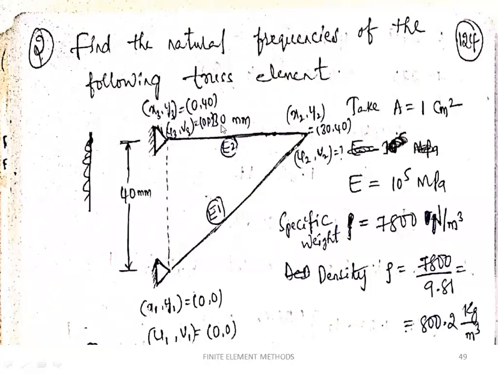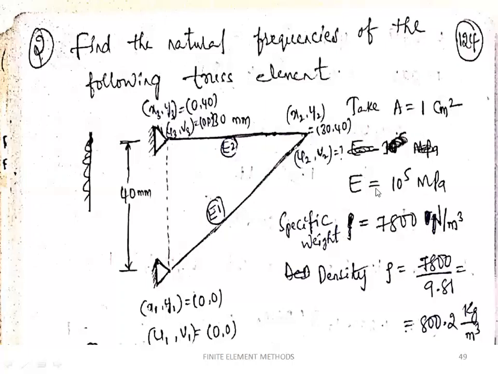Apart from this figure, some data is given. The distance between these two fixed ends is 40, and the horizontal distance is 30 mm. The area of each truss element is 1 centimeter square, that is, element 1 area is 1 centimeter square and element 2 is also 1 centimeter square.